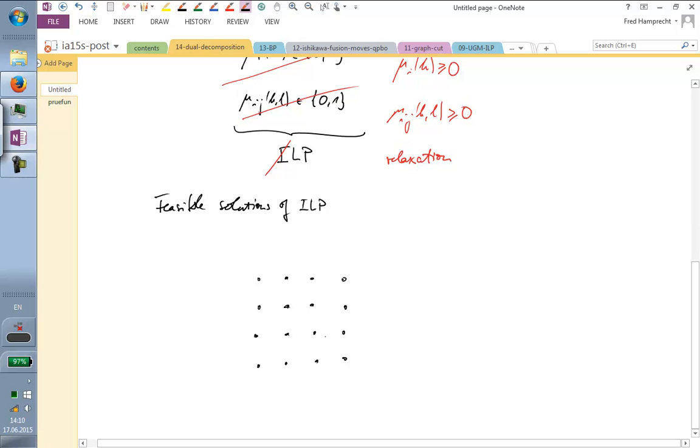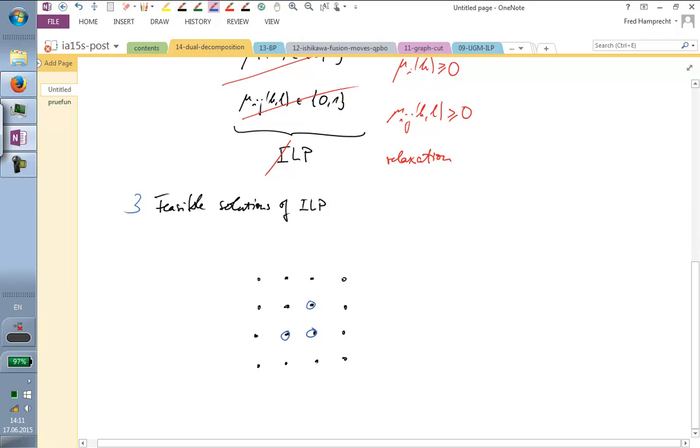So let's say we only admit the states 0 and 1. So the states 0 and 1, let's say, would be those if we had only 2 random variables. But now we have all these additional constraints, and so perhaps in the end, in this example, let's say I have 3 feasible solutions of the ILP, this one and this one and this one.